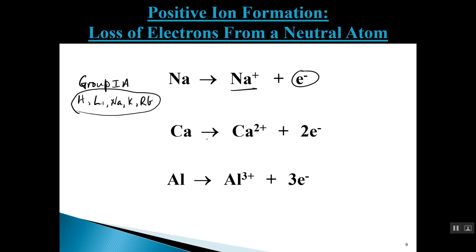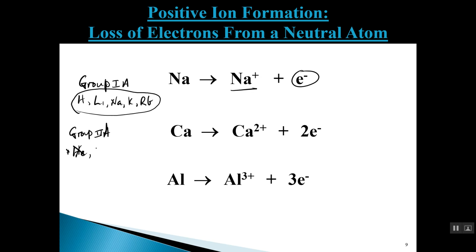In the case of calcium, calcium belongs to group 2A. And the elements in group 2A include, well, helium is a bit of an exception, so I'm going to put an asterisk here. Helium is actually a noble gas, so technically speaking it's not in group 2A.